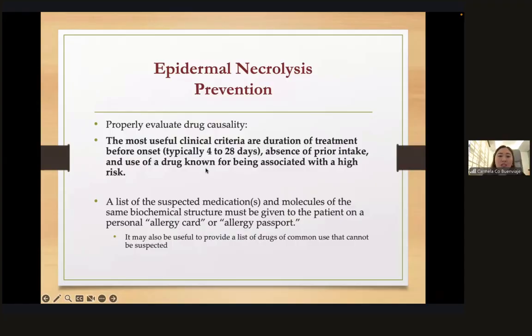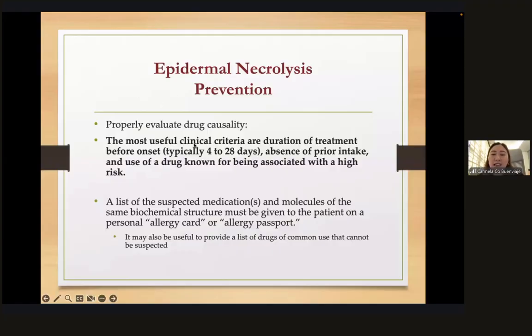Okay, so for prevention, first, I really have to emphasize that we should properly evaluate drug causality. The most useful clinical criteria are duration of treatment before onset, typically 4 to 28 days or up to 8 weeks before, absence of prior intake, and use of a drug known for being associated with a high risk for epidermal necrolysis.